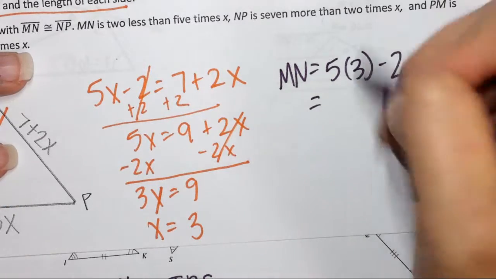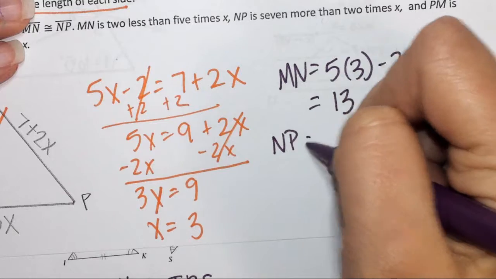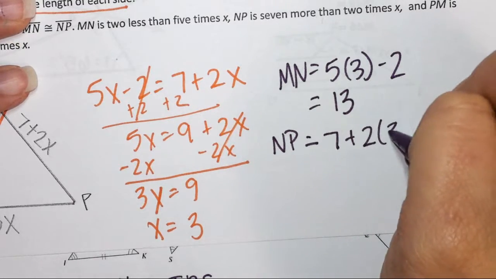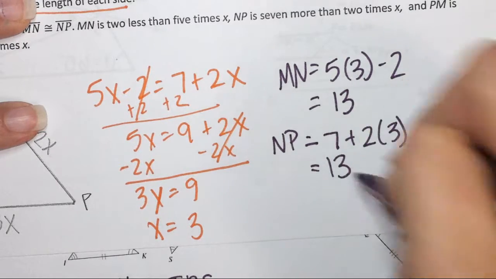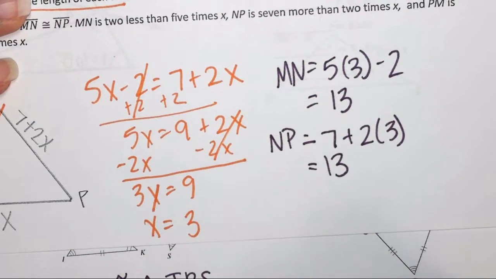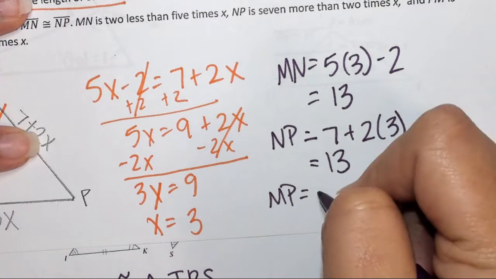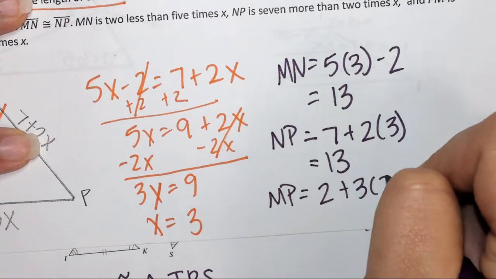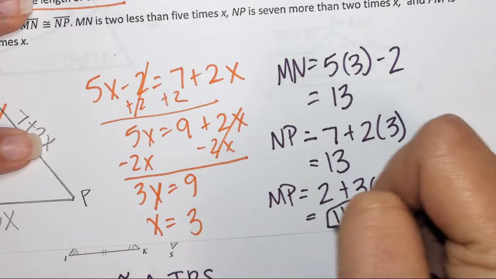And what's 15 minus 2? Alright, let's find NP. We have 7 plus 2 times 3. What's 2 times 3? What's 6 plus 7? Aren't those supposed to be congruent? Did we do it right? And the last one is MP. 2 plus 3 times 3. What's 3 times 3? 9 plus 2 is? Boom.